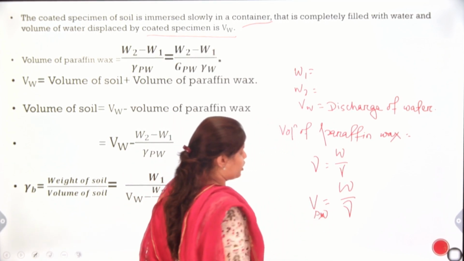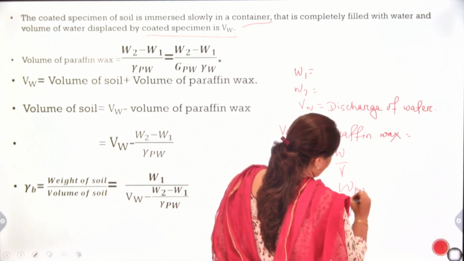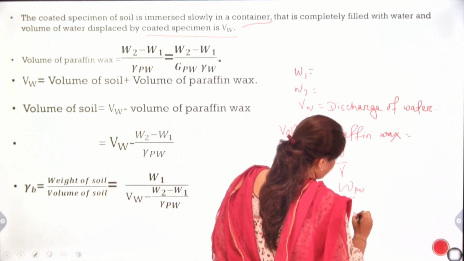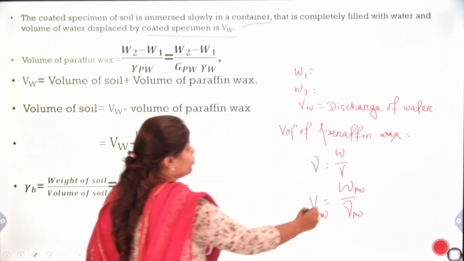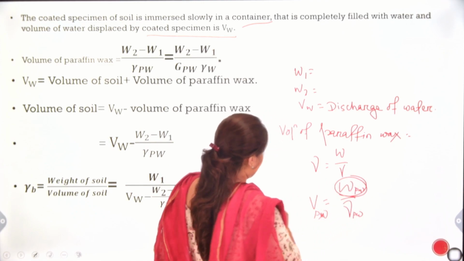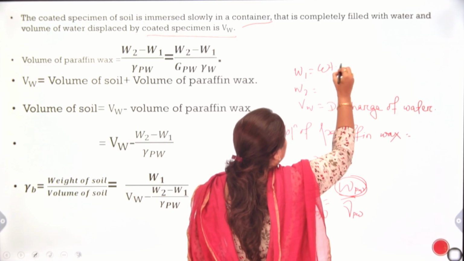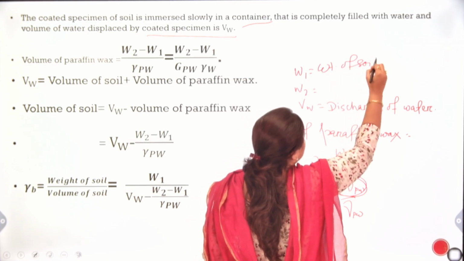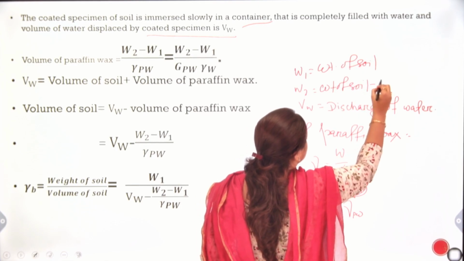To calculate the volume of paraffin wax, we need the weight of paraffin wax upon gamma of paraffin wax. Okay. So how will we get this weight of paraffin wax? Like here, W1 is the weight of soil, W2 is the weight of soil plus paraffin wax.